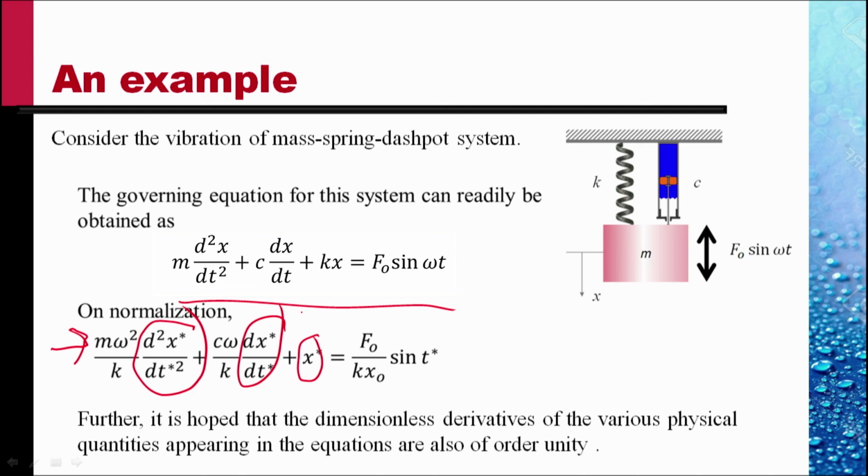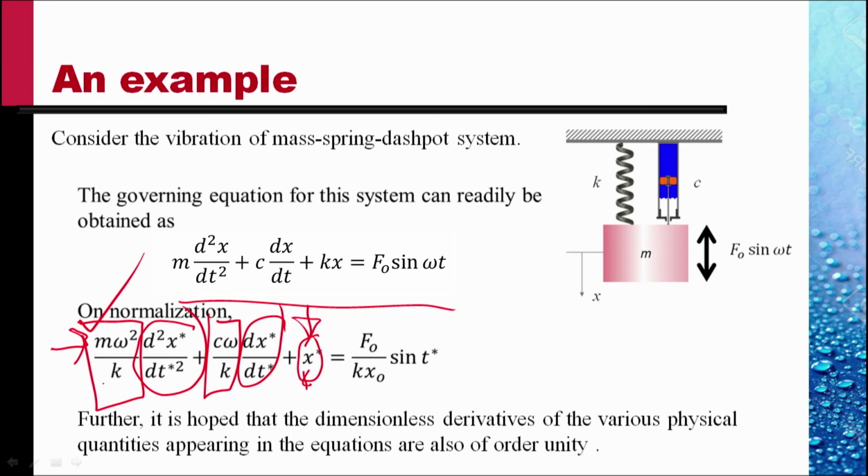If these are of order 1, then these coefficients represent the relative magnitude of the inertia and the viscous term compared to the spring force term. If this is small, we could neglect the first term. Small compared to what? Small compared to the coefficient of the spring term, which is 1. So if this is small compared to 1, then we could neglect the first term, the mass effect.